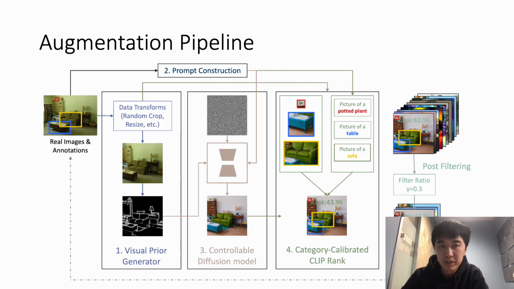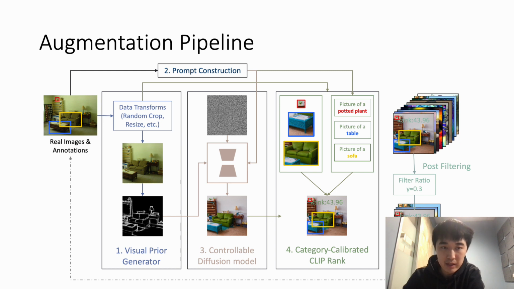So we propose an augmentation pipeline using controllable diffusion models. The input is some real images and their annotations. We first do some regular data transforms like random crop, resize, flip, etc. And we get the processed image, and we use a visual prior generator to extract the visual prior. The visual prior could be canny edge, HED edge, or semantic mask, or scribbles, etc. And then we construct a text prompt, which basically describes what's in the image, and that's from the ground truth annotation.